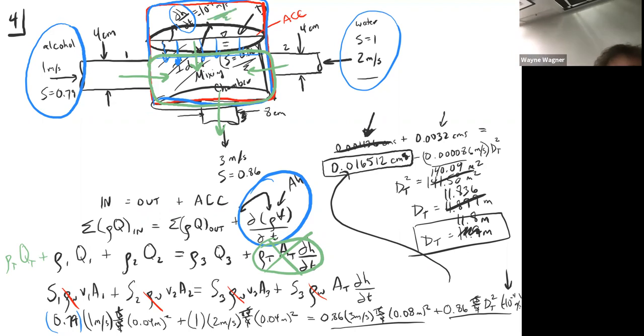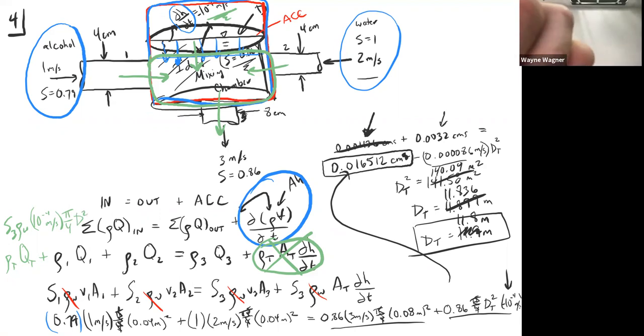So we would end up with the rho of the tank, which would be S3 rho water, times Q tank, which would be 10 to the minus 4 meters per second, times that area, pi over 4 times the diameter squared. You should see that this term I just wrote out is just expanding this, all of that is contained right here.